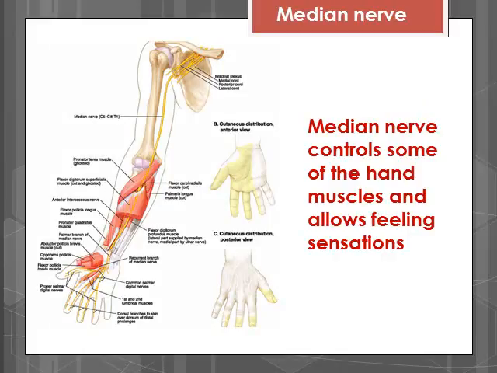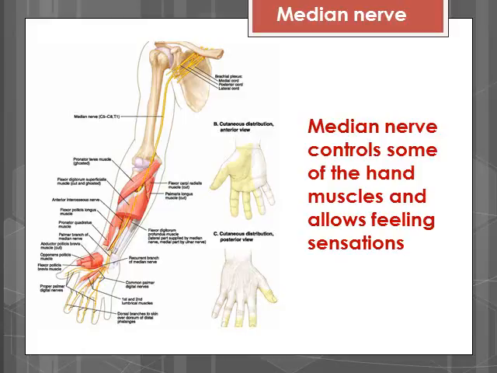Now I will talk about the distribution and injuries of the median nerve. As we see here, the median nerve has no branches in the arm. In the forearm, it supplies the muscles of the front of the forearm except 1.5 muscles. In the hand, it supplies the thenar muscles and the first and second lumbricals muscles.